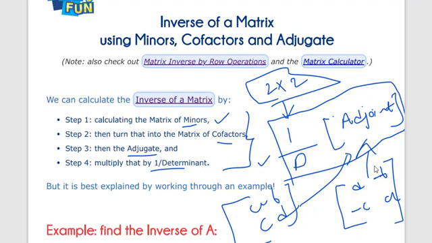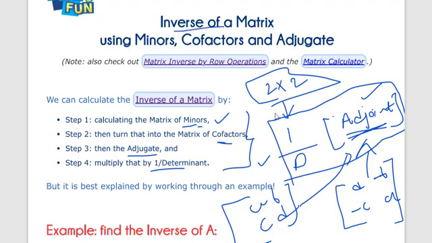But for a 3 by 3 matrix, there is a more complex method to find the adjoint. In this lecture, we discuss how to find the adjoint of a matrix with the help of minors and cofactors. After we find the adjoint, we use the same equation for the 3 by 3 matrix and find the inverse.